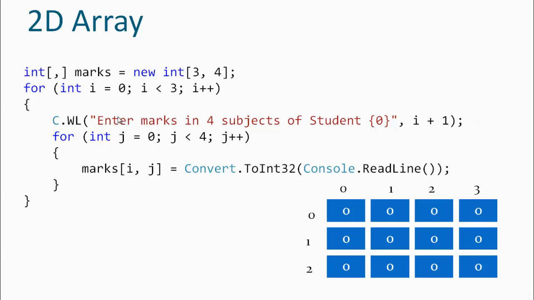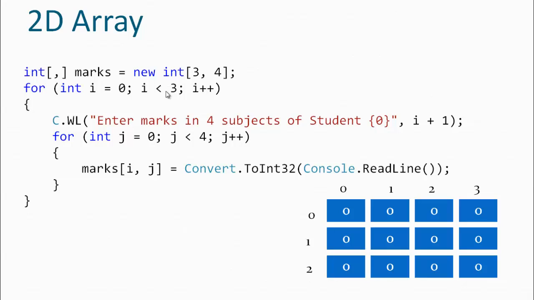Then the inside loop will get initialized to 0 and you will read marks from the console and put it in location 0 0 like this here. Then j will get incremented to 1. Again you will come inside, and 0 1 like this. Then 0 2, this one, 0 3, this one. Once j reaches 4, 4 is less than 4 fails, so you will come here and go to i++.